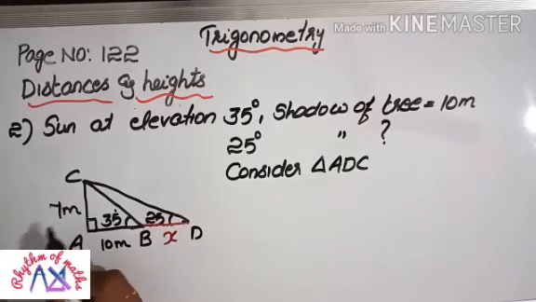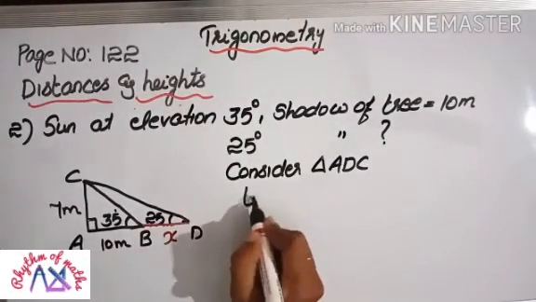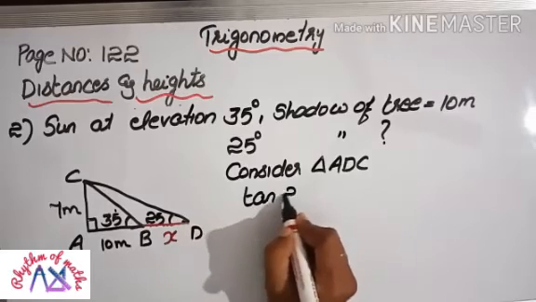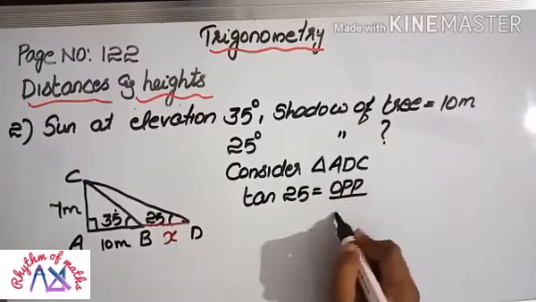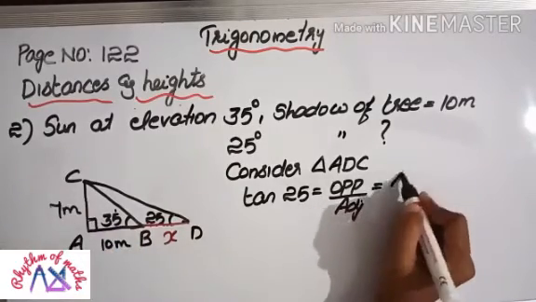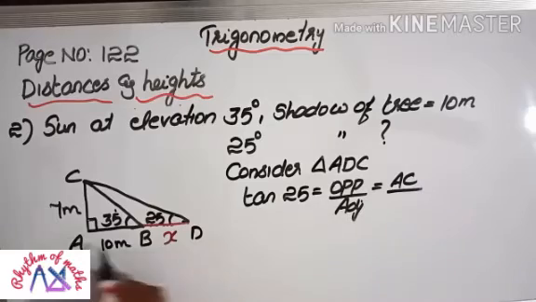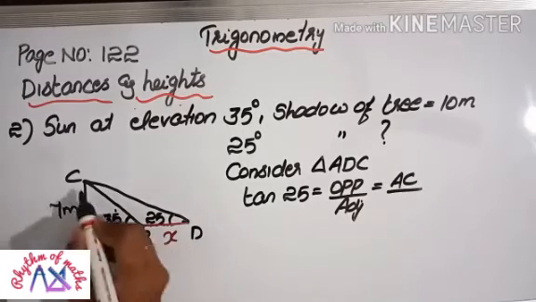In the first section we found this. Now the adjacent side we have to find. That means tan. So tan 25 equals opposite side by adjacent side. The opposite side is AC, and the adjacent side is AD, because it is the complete triangle ADC.